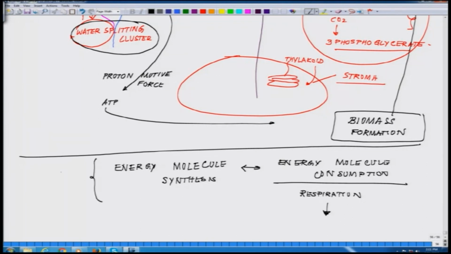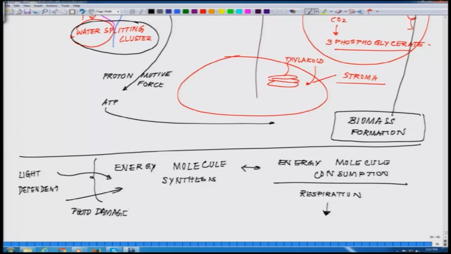Apart from it, this energy molecule synthesis, which is a light dependent process, unless we are talking about a hydrothermal vent, leads to a whole sort of photo damage.